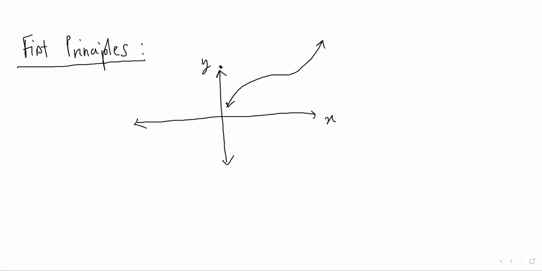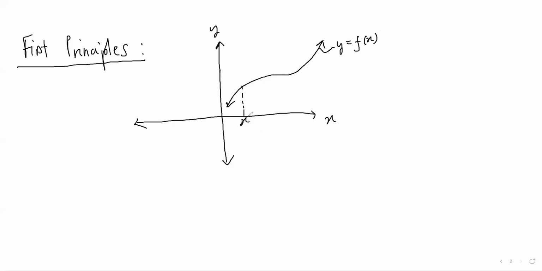Okay, so we have this curve. This is the y-axis, and the horizontal axis is the x-axis. Suppose that the equation of this curve is y is equal to f of x. And suppose that along here, let this be x.